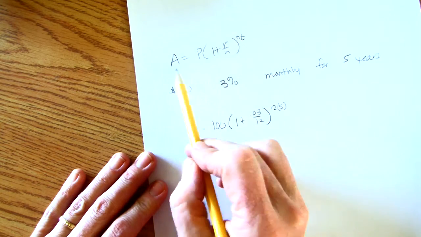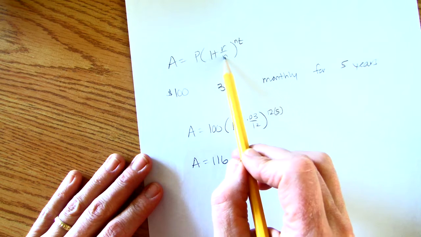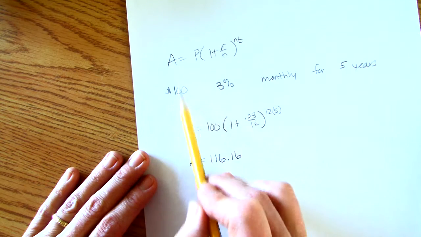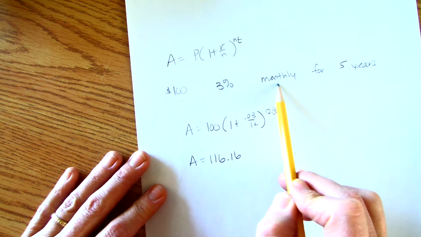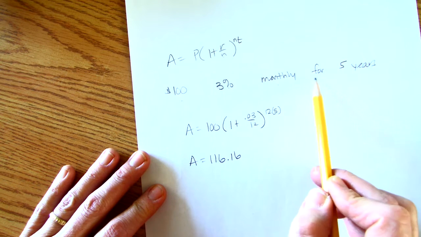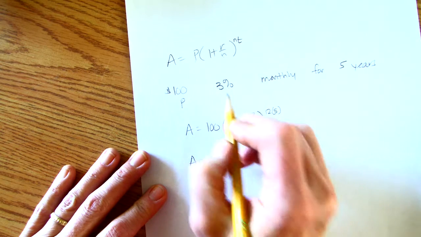And then in 7.1, you also saw the compound interest formula. If I start with $100 and my interest rate is 3%, and it gets compounded monthly for 5 years. So here's my principal, what I started with.